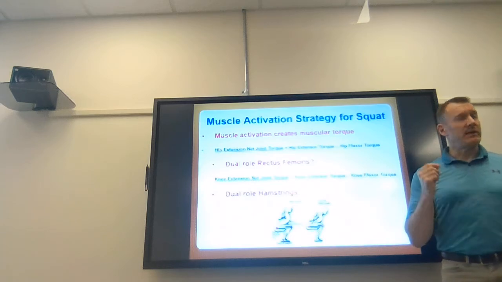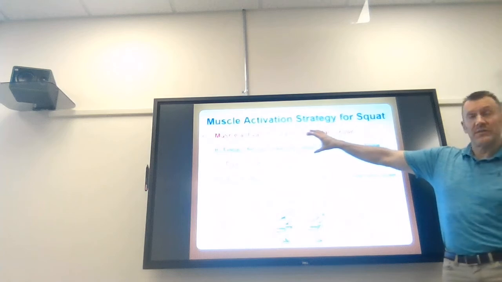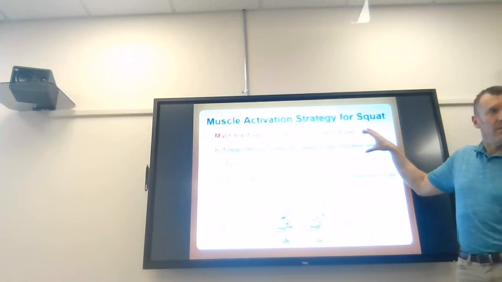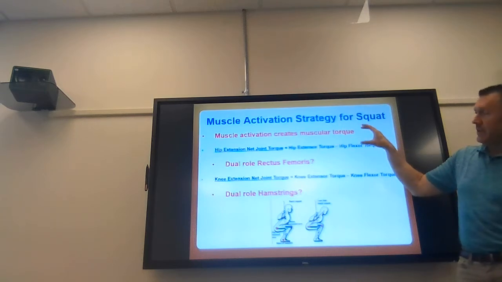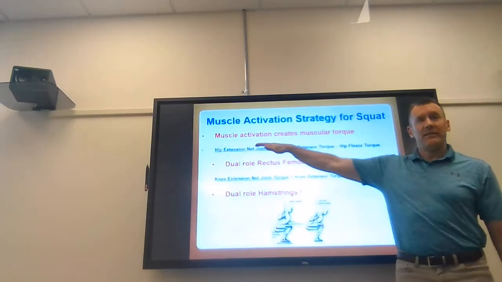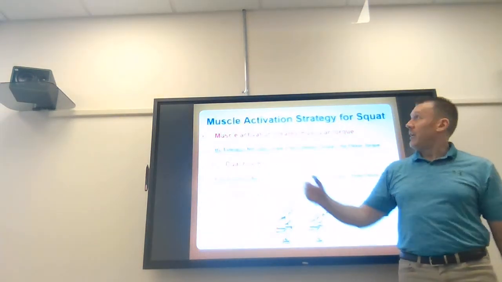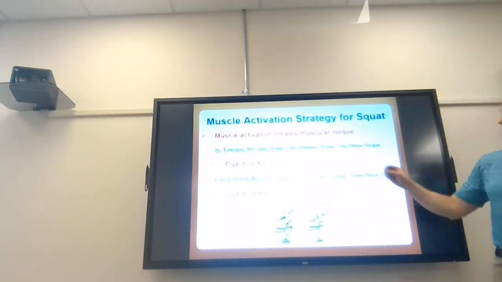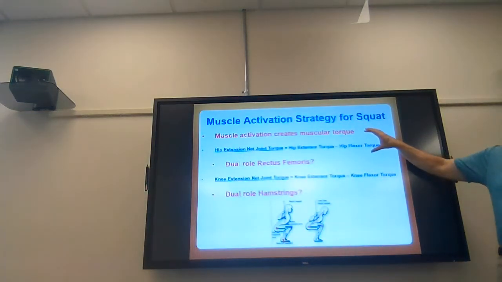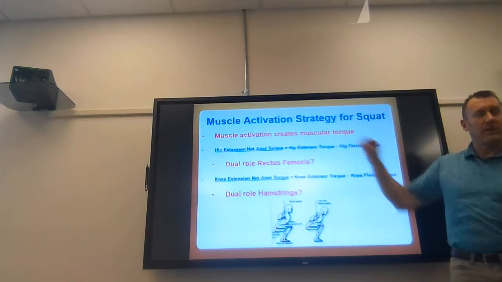In order for the hips to extend, we have to have more extensor torque than we do flexor torque. Because both of these things together is what creates the net joint torque. So ideally, we want a muscle activation strategy that minimizes hip flexor torque and maximizes hip extensor torque.